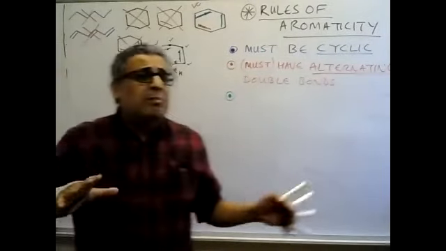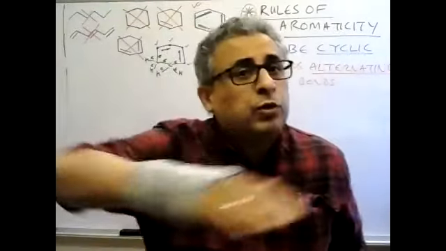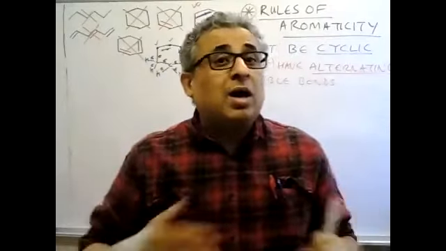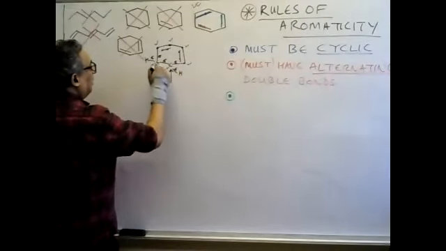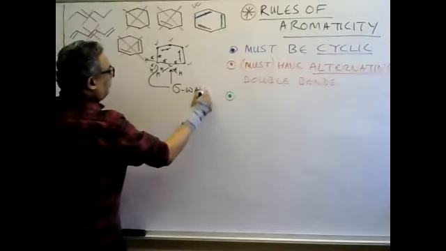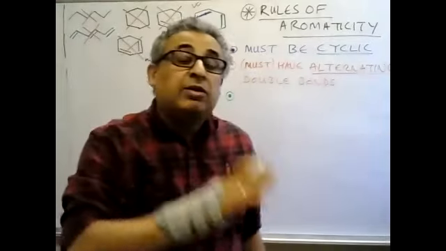When you have nothing but sigma bonds, you cannot have that electron flow through the sigma bonds. Sigma bond situation is like a sigma wall. I call it a sigma wall. Sigma wall is something that the monkeys cannot jump.